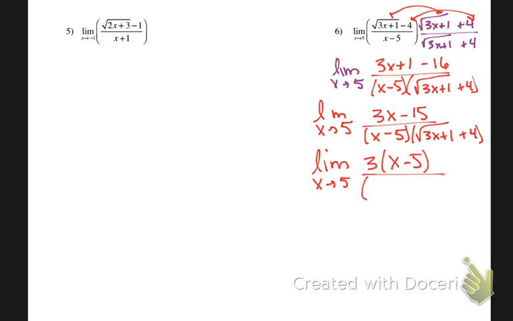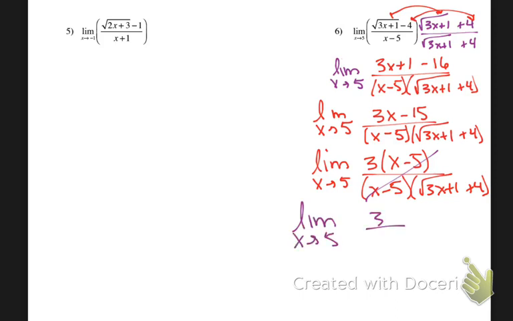That will get to cancel with the denominator. All right, so we're happy about that. So now what we are left with is 3 over square root of 3x plus 1, plus 4. Direct substitution, substitute x is 5. And you should get 3 over 8.